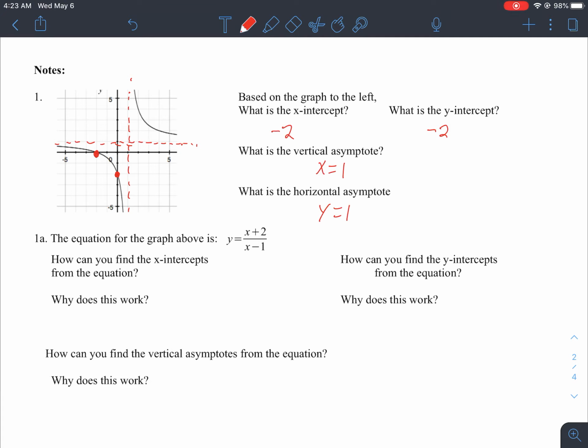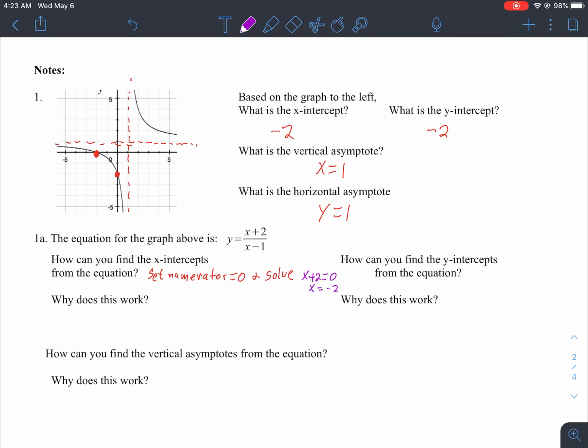So what you can do is set the numerator equal to 0 and solve. So in our problem, we would have x plus 2 equals 0, x equals -2.